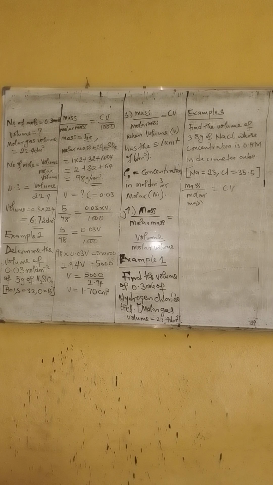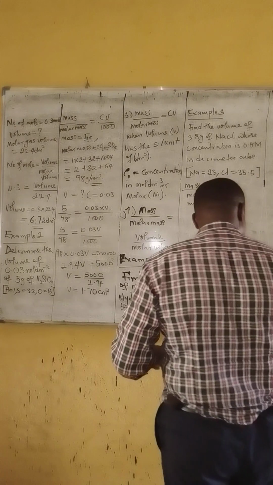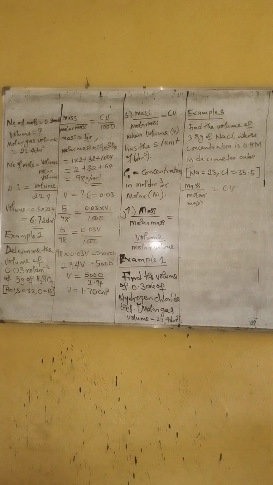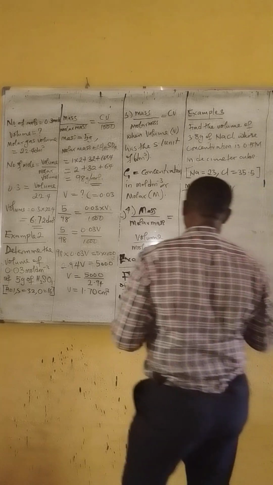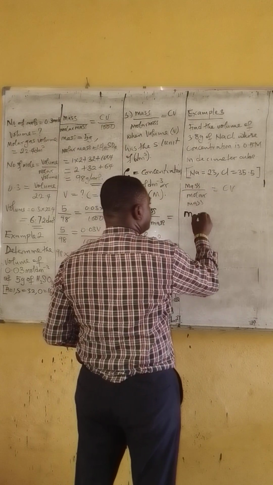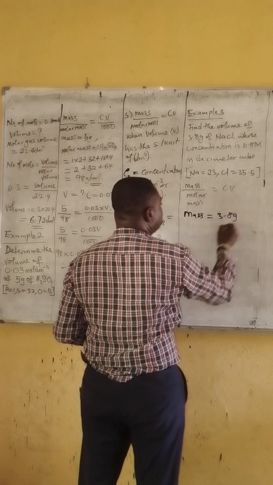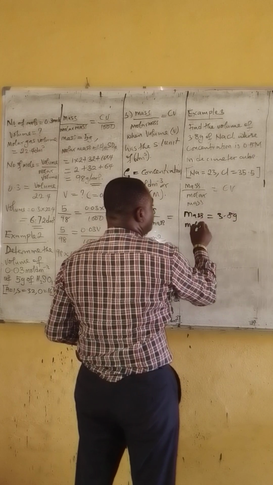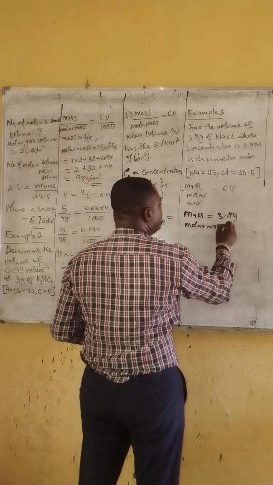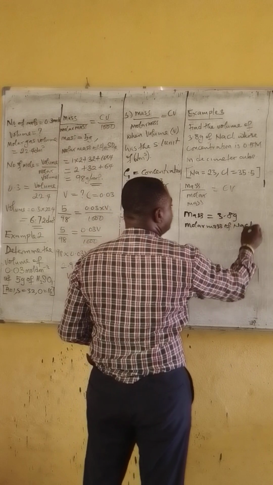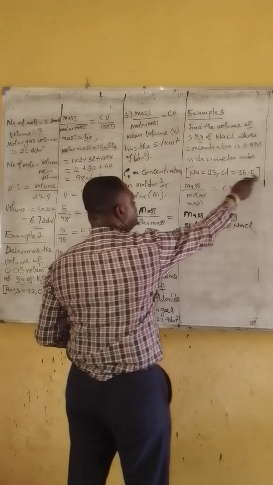Now, so we write out our parameters. Our mass is any number that carries gram at its back. Mass is any number that carries gram, which is 3.8 gram. Our molar mass of NaCl will be calculated with all this.